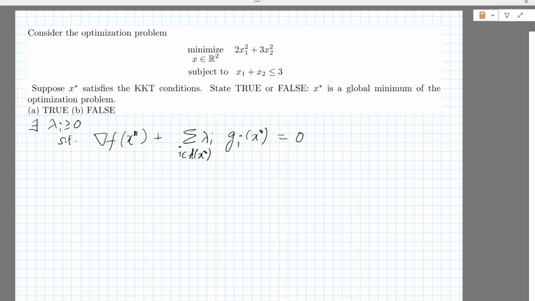This is the KKT condition. Is x star a global minimum of the optimization problem? So we know, for convex f, if x star satisfies KKT, then x star is a global min, for convex f and g.